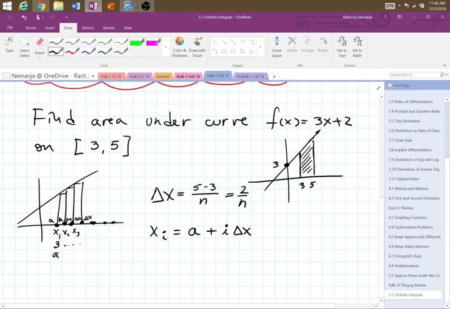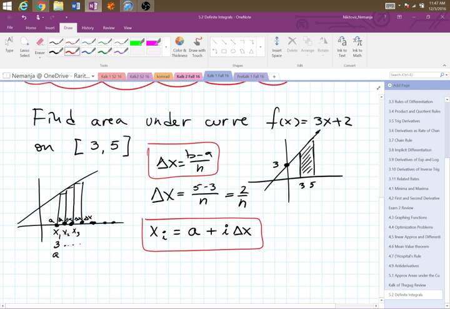How many of those you get to use? So that is how we see, and that's actually the formula, the same as the delta x formula. So delta x was b minus a over n. That was a formula. This is a formula as well. So now I can just apply that formula for our purpose.